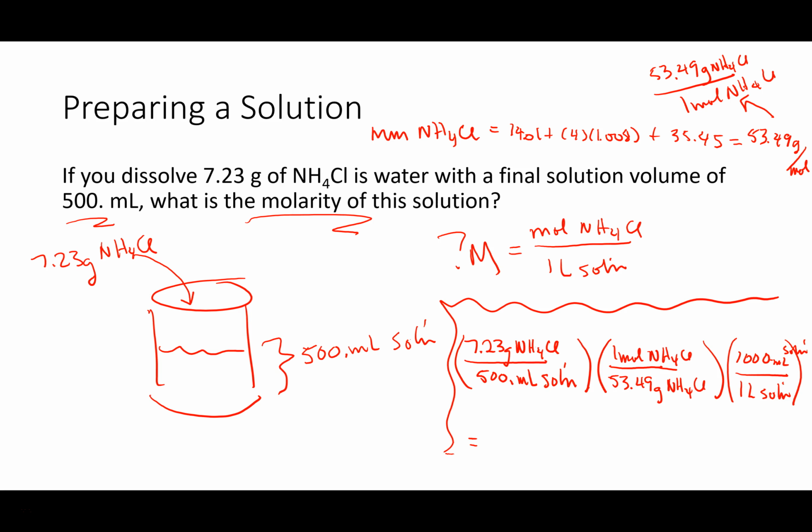You told me 3 sig figs, so is it 0.270? Okay. And units would be moles over liters. Or sometimes you can just put 0.270 big M and then put the thing that it's the solute, NH4Cl.